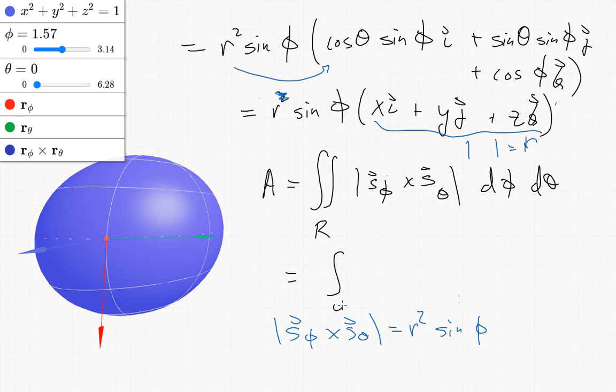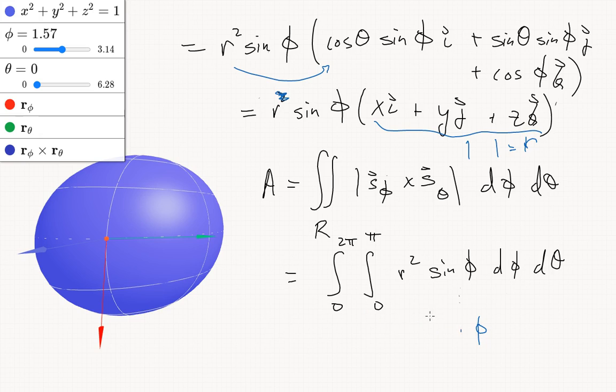So this is the integral from 0 to 2 pi, integral from 0 to pi, of r squared sine phi d phi d theta.